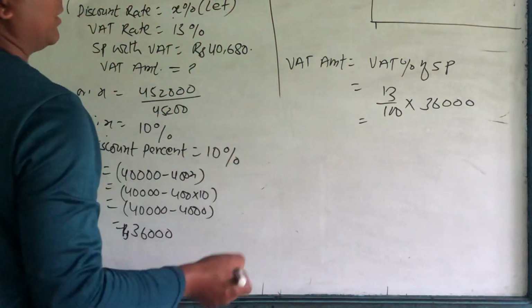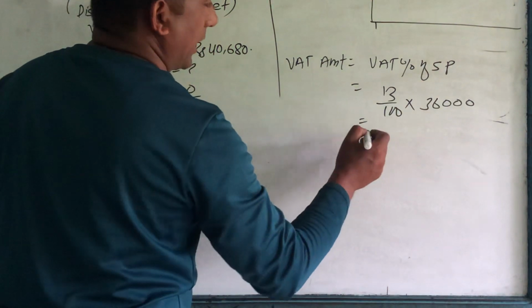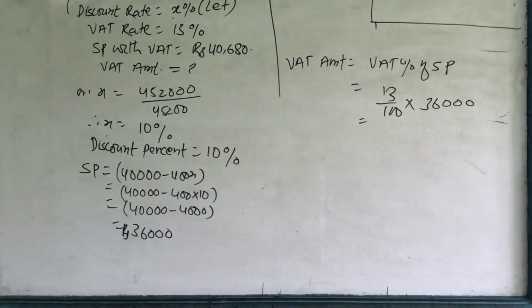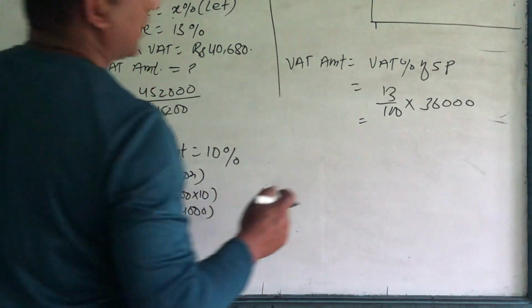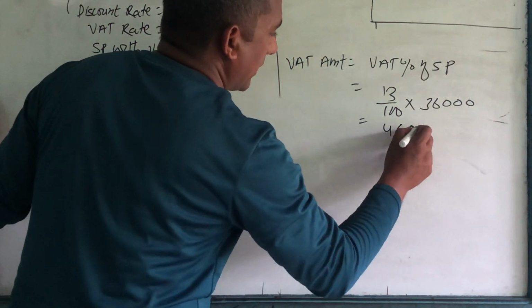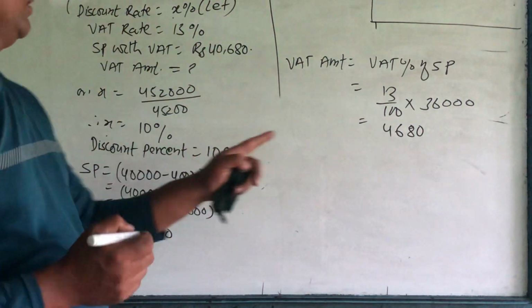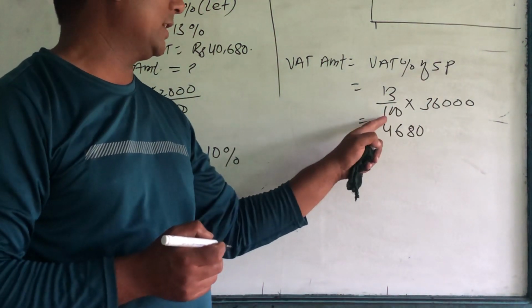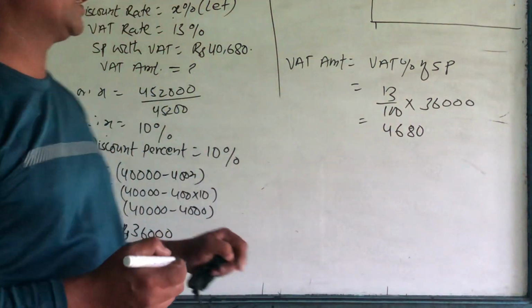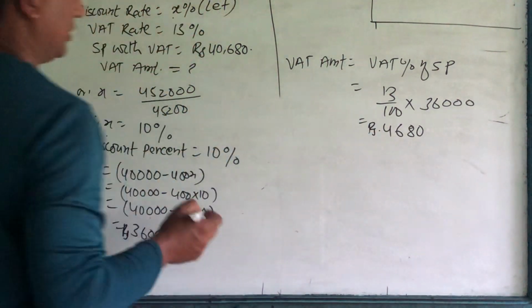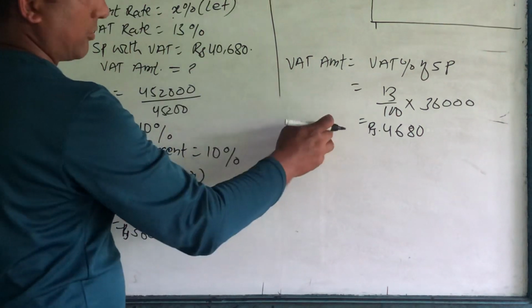So you can multiply and divide, you will get 4,680. If you multiply 13 into 36,000 and divide by 100, then you will get 4,680. So you got the VAT amount also.